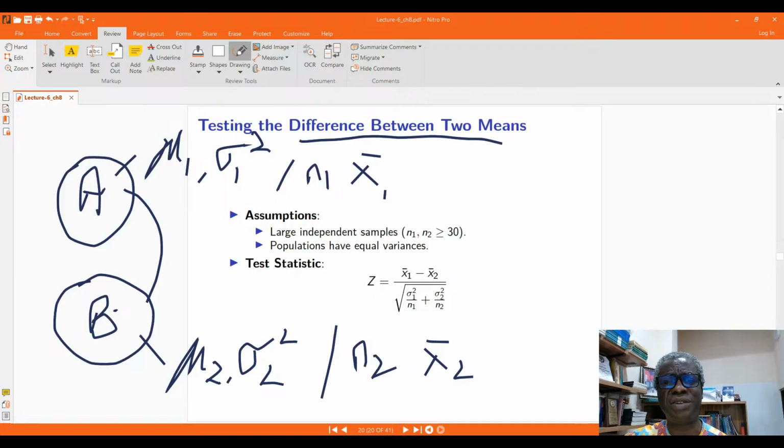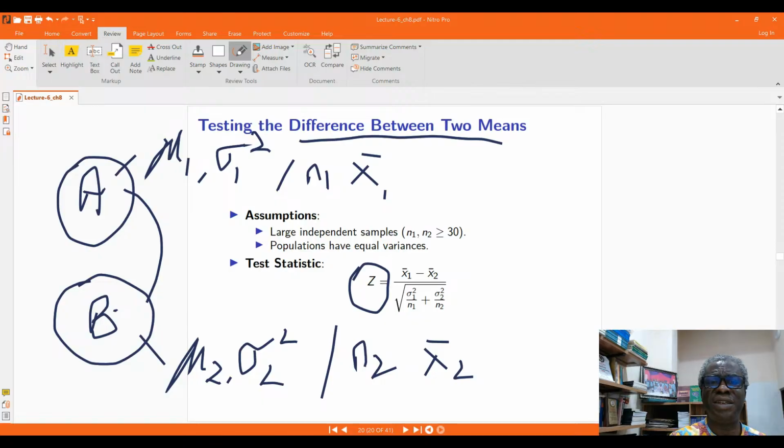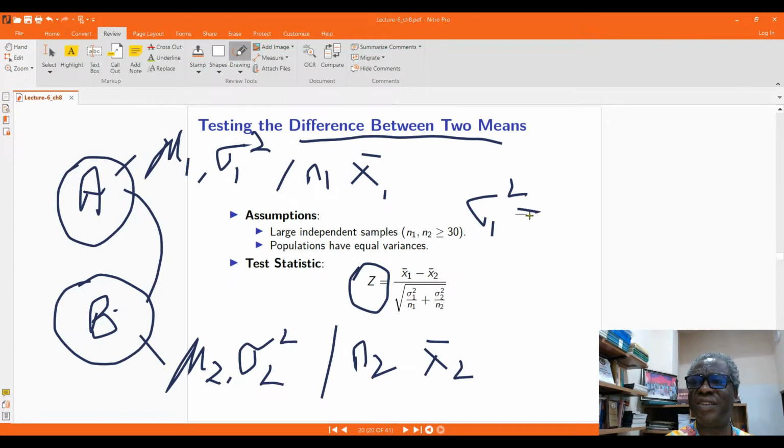Another assumption before we can use this test is that the variances of the two populations are equal. That is, sigma square 1 is assumed to be equal to sigma square 2.